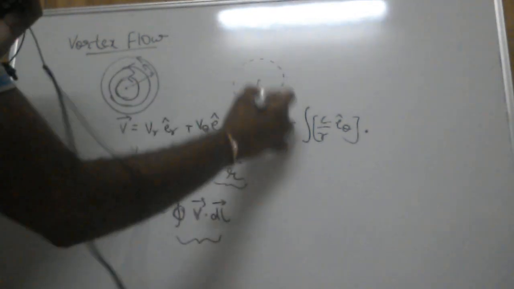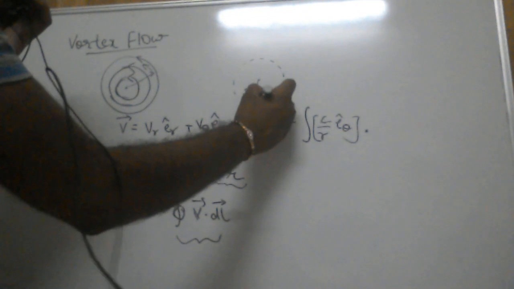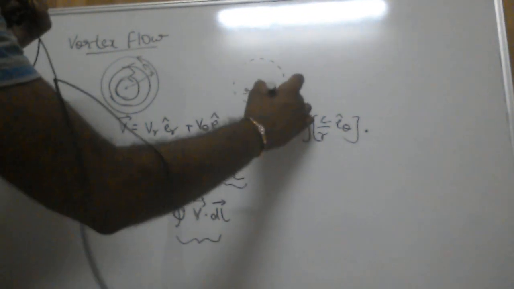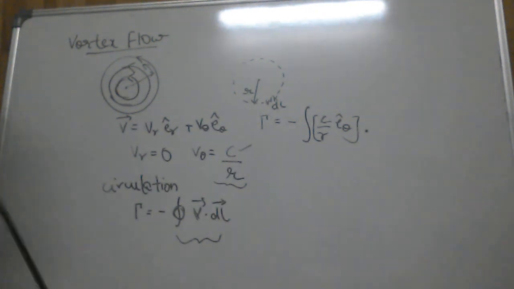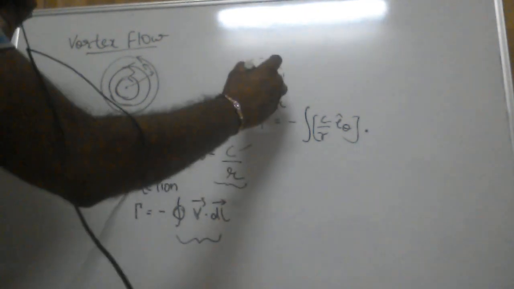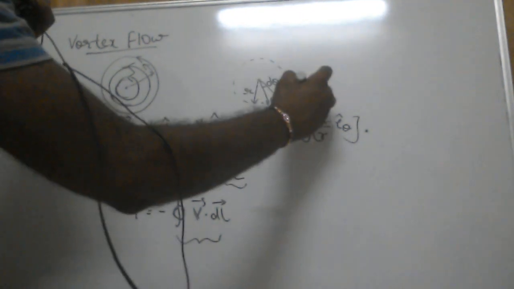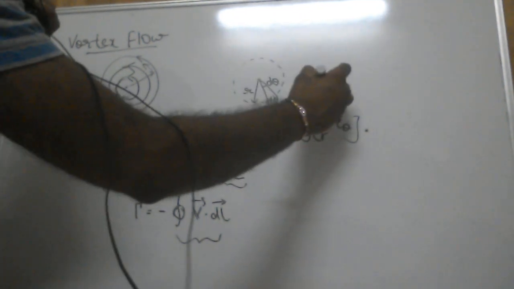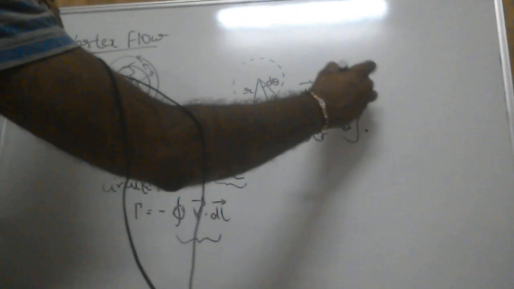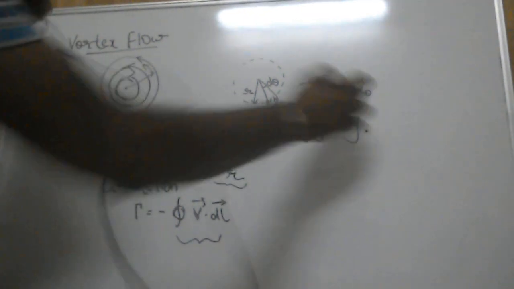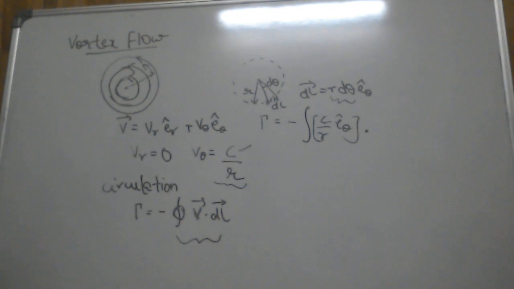In this case, the curve being the circle, if I take an elemental length dl, this dl vector can be written as r d theta e theta cap, r d theta being the magnitude and e theta cap being the direction.